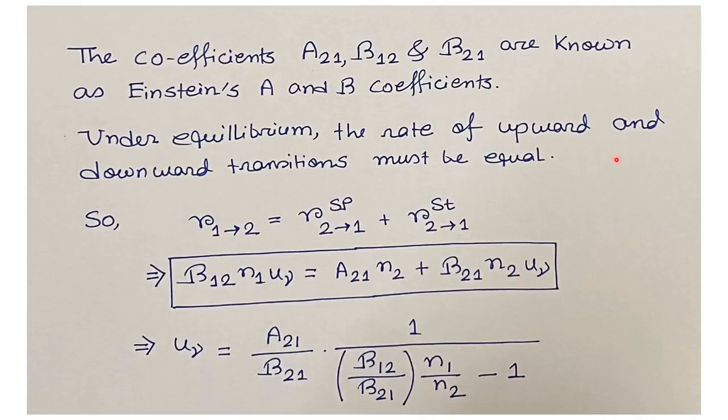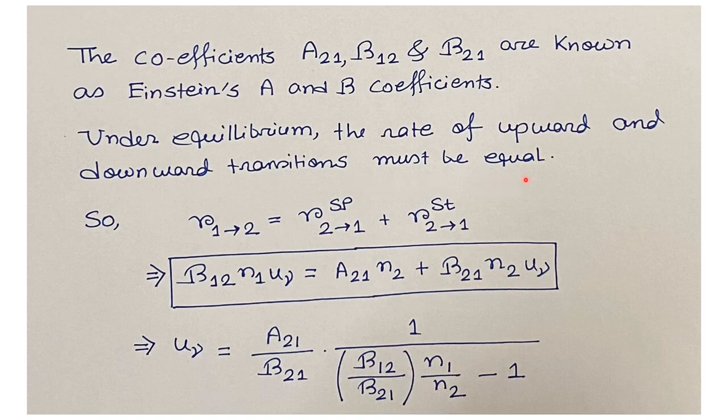So we have obtained three coefficients, A21, B12 and B21, while discussing the three kinds of atomic transition processes: excitation of atoms, spontaneous transition and induced or stimulated transition. These three coefficients are known as Einstein's A and B coefficients.